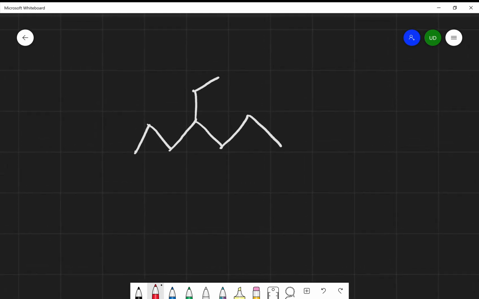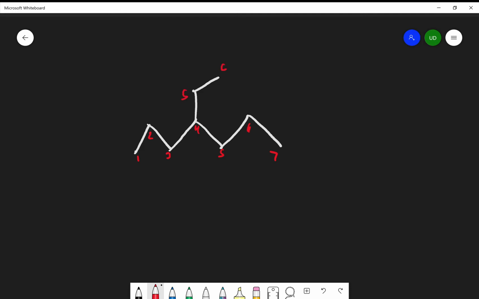Okay, let's start this next one. Again, you've got to find the longest uninterrupted carbon chain before we can begin. Say we start from here, it'd be 1, 2, 3, 4, 5, 6, 7. What if you want to go up? It'd be 5 and 6.